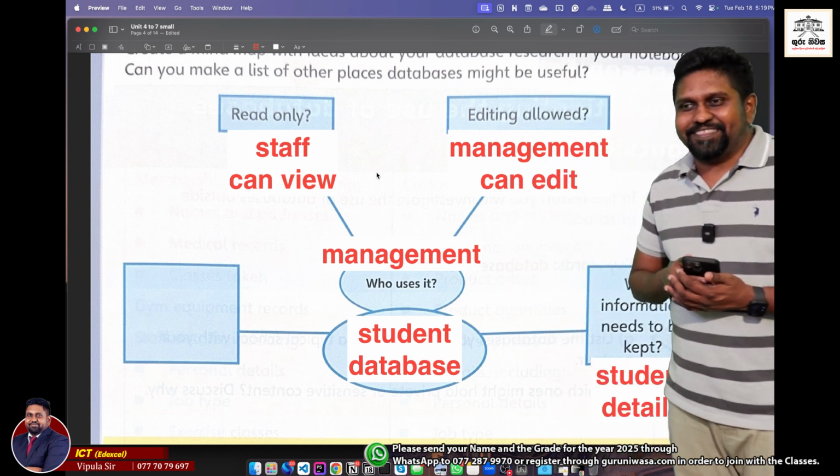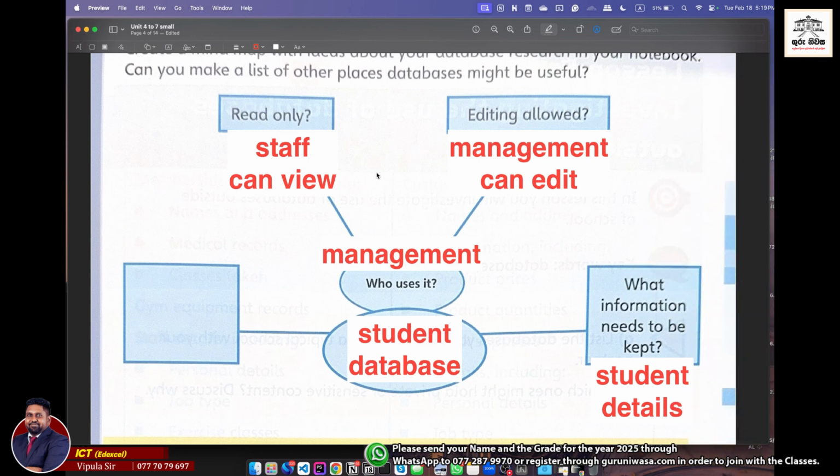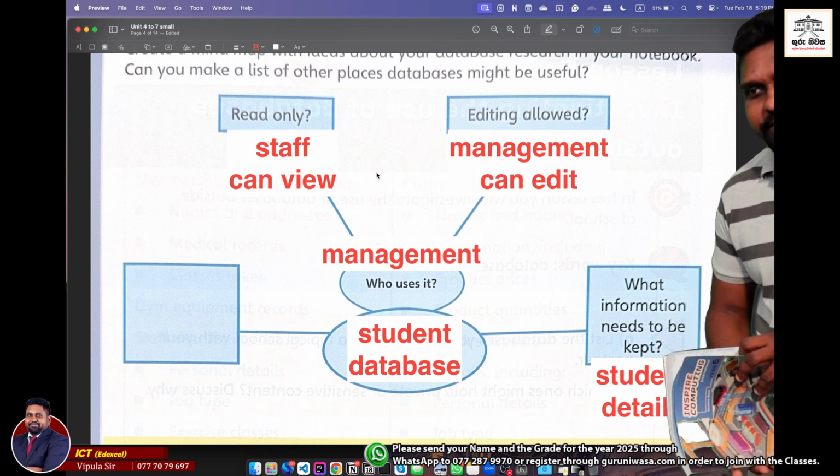Yes, sir, it's clear. Okay. Can you both copy this down? You don't have to write it very nicely, but just draw the diagram with the points in. That would make it clear. Are you okay? Any questions?